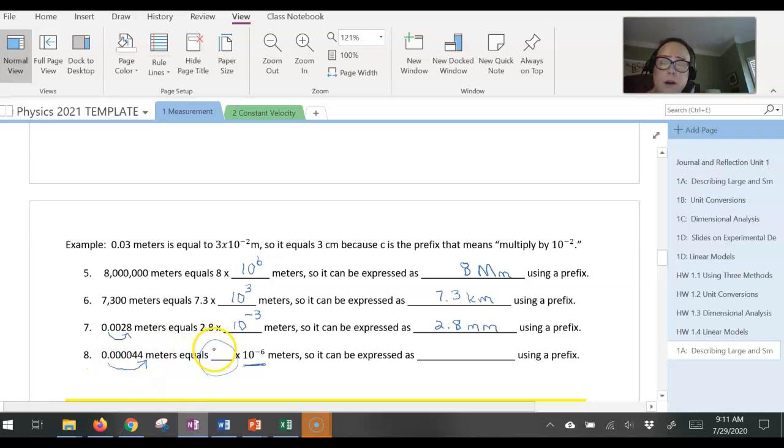And so that would be 44 times 10 to the negative 6 meters. And if I want to express that using a prefix, then I use the prefix that means times 10 to the negative 6, and that's micro. So I would have 44 micrometers.